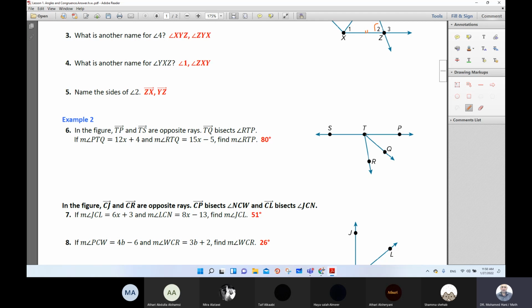This means in the middle between the two angles here, this angle and this angle. Means this angle equals this angle. If the measure of BTQ equals 12x plus 4, and the measure of RTQ equals 15x minus 5.